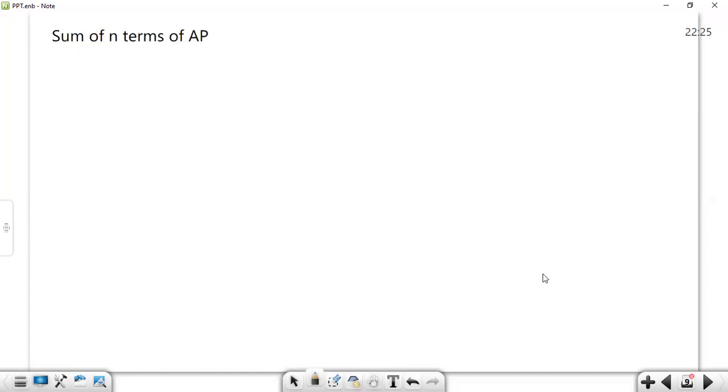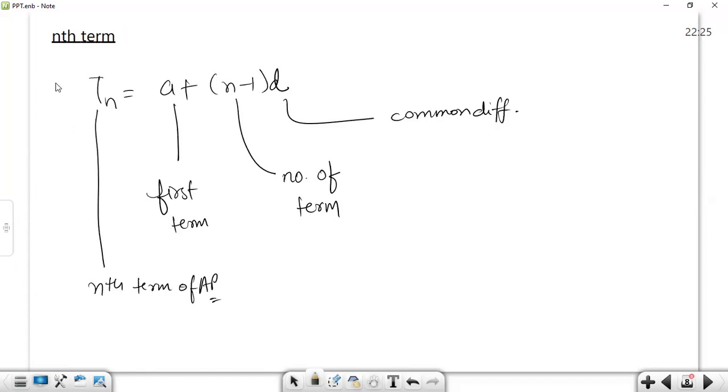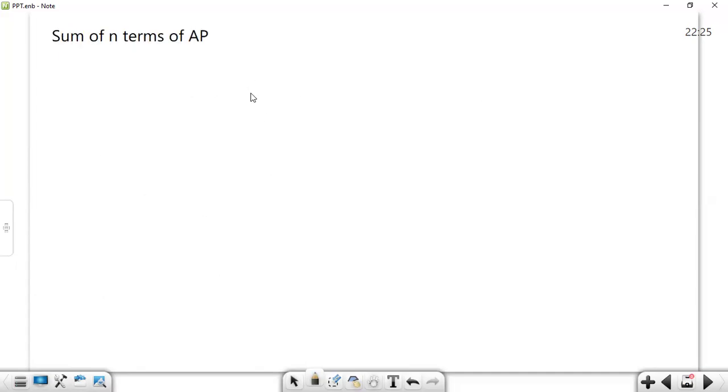So if we have to find out any term of the AP, we already know the n. We have to find out the first term and the common difference. Simple. So what if we have to find out the sum of n terms?